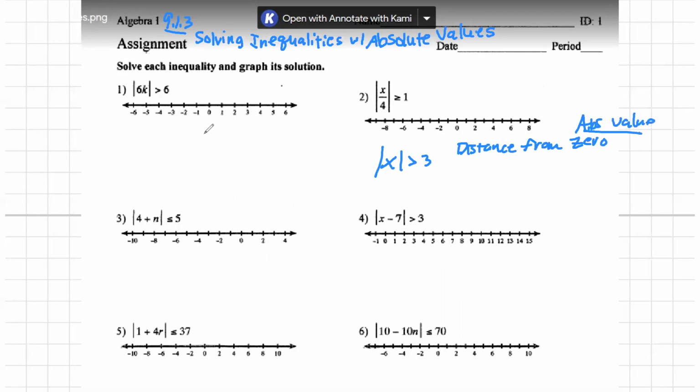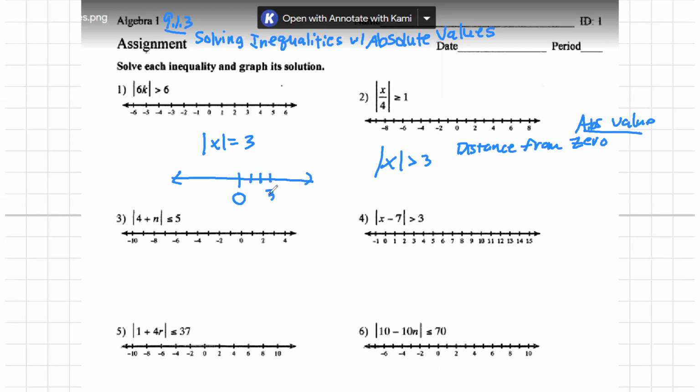So if I had said the absolute value of x equals 3, if I put equals instead of greater than, what numbers have a distance of 3 units away from 0? Is there more than one answer? It's 3 and -3, so there are 2.